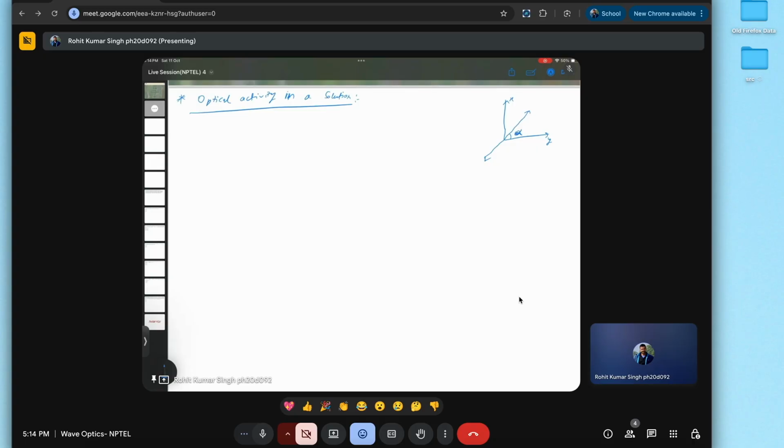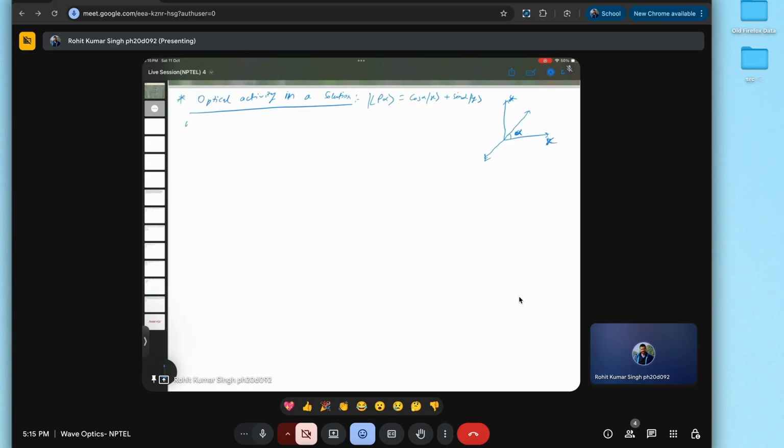And for the linearly polarized wave, we wrote the Jones vector like this: cos alpha in x direction plus sine alpha y. So this is the linearly polarized wave, and when it passes through an optically active medium, this plane of polarization, this alpha, changes. So the plane of polarization rotates.